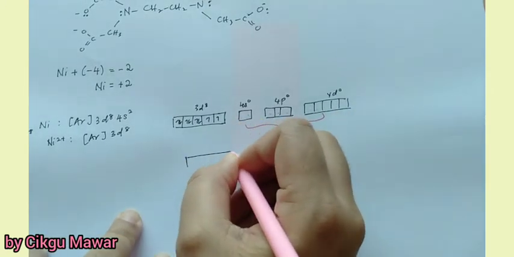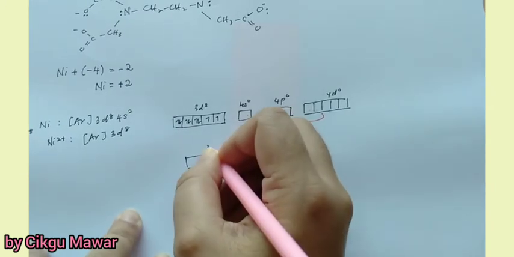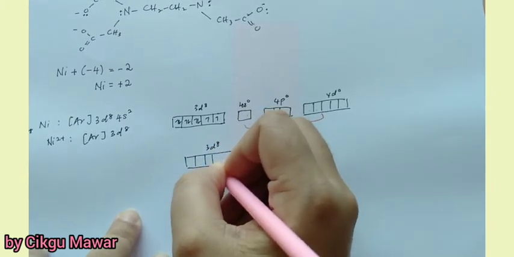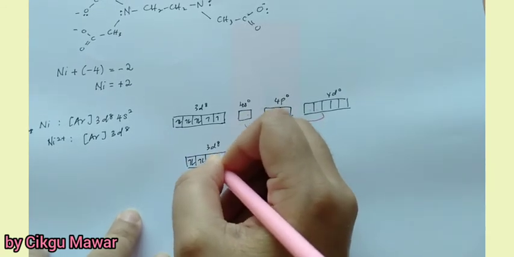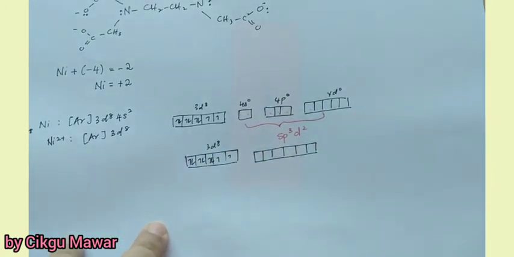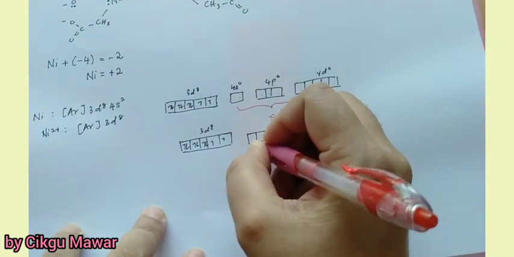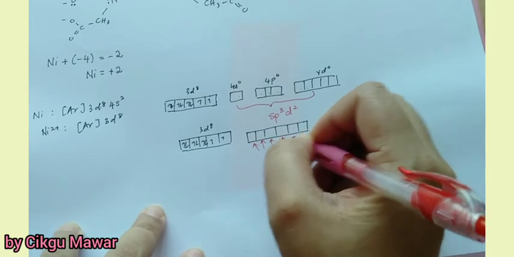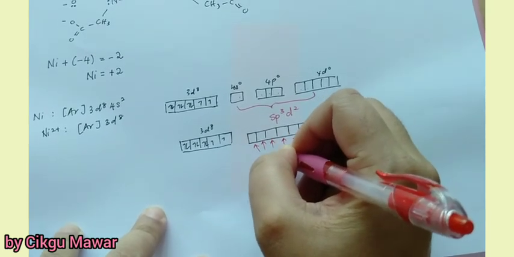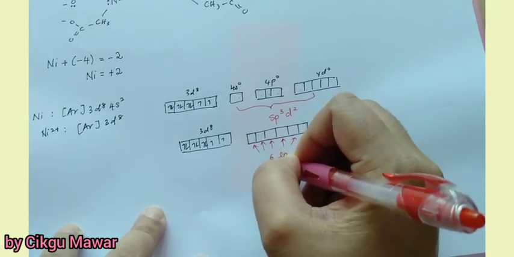So this 3d8 remains, 1, 2, 3, 4, 5, 6, 7 and 8. Every empty orbital of the nickel ion takes one of the 6 lone pairs of EDTA.